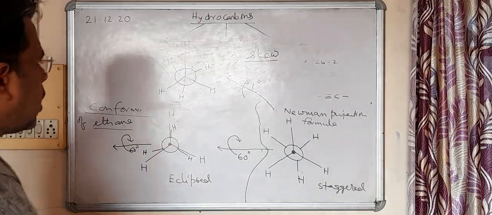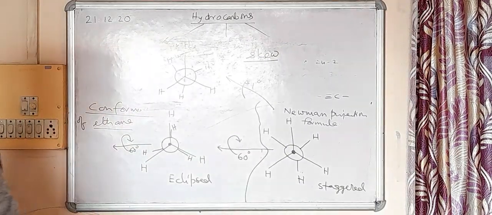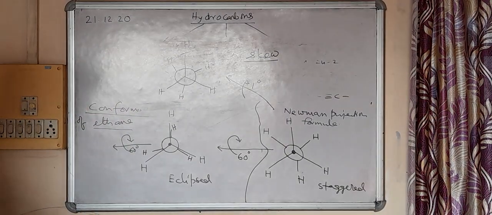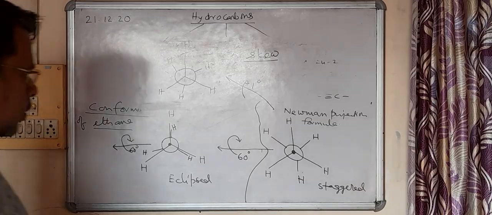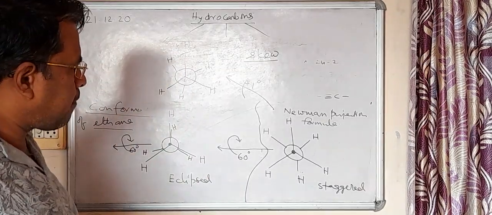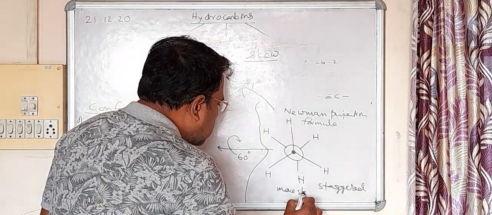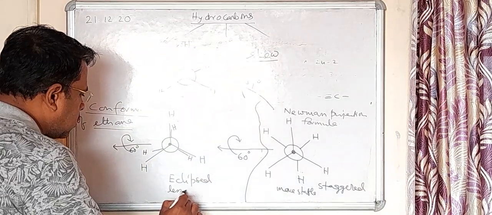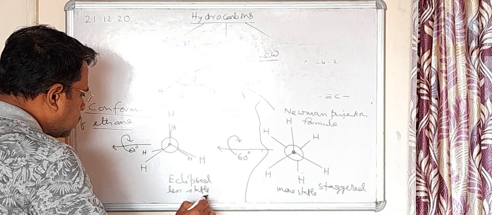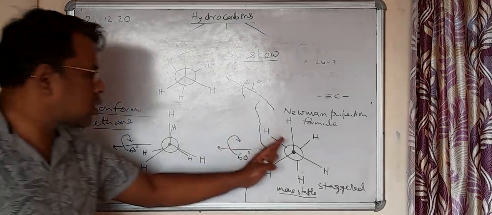Now the question that arises: suppose I ask you, between these two forms, which one is more stable and why? Stability. Which one is more stable and why? Now the answer is, this one is more stable, this one is less stable.